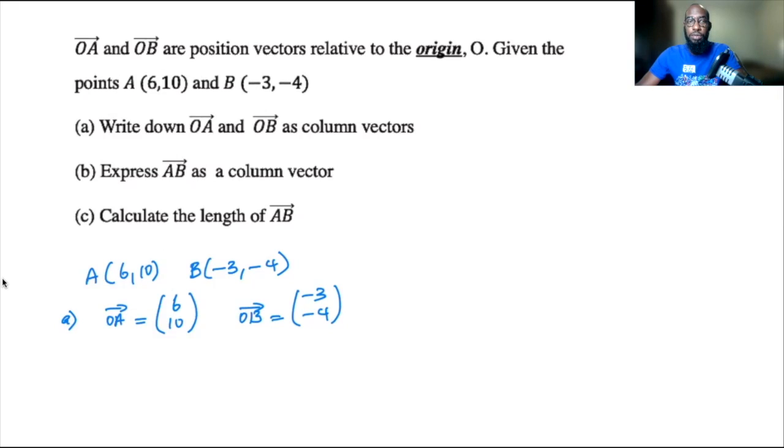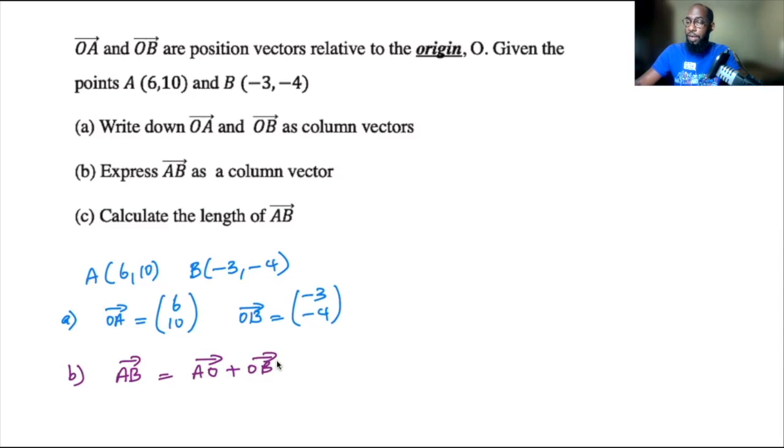If you have to find AB, since we are dealing with position vectors, which are related to the origin, it simply means going from A to the origin, and then from the origin to the next vector, which is B. So AB is simply AO plus OB.